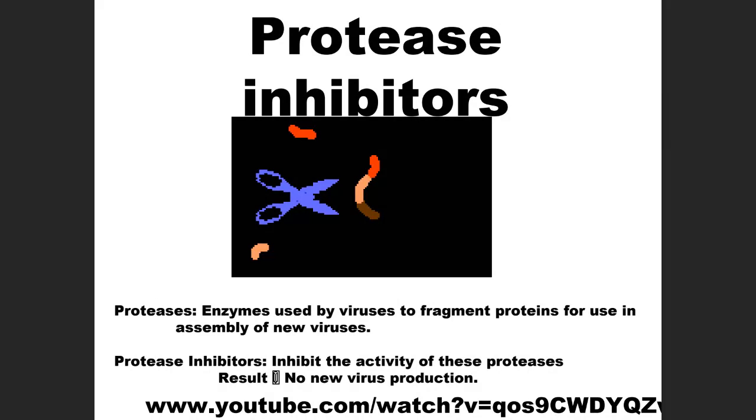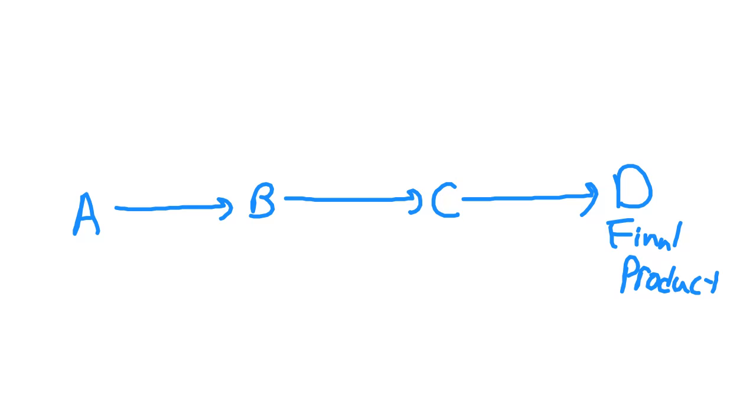Now, there's another class of antiviral agents that are also typically given to people infected with HIV, and they're called protease inhibitors. Again, it's given for HIV, and remember that HIV is a retrovirus.